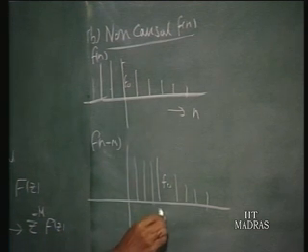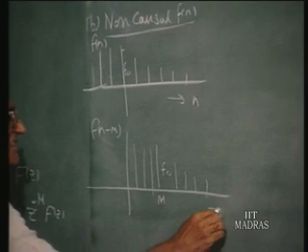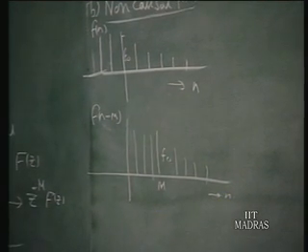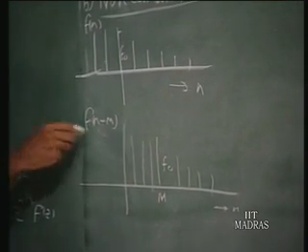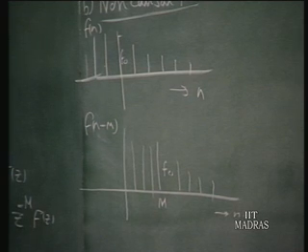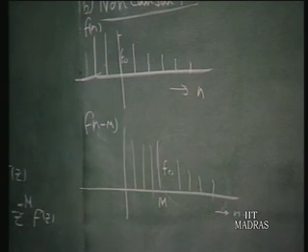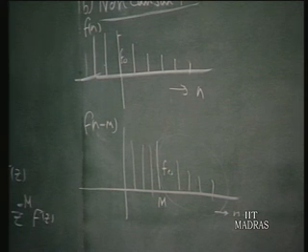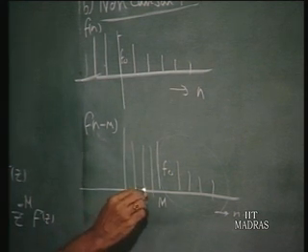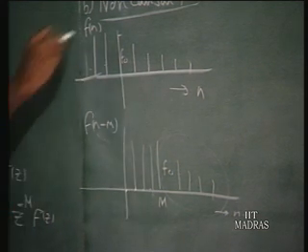So when you are forming the Z transform of this, you not only take into account the values of this set of samples, but also you have new samples introduced here which were not present in forming f of z from f of n.